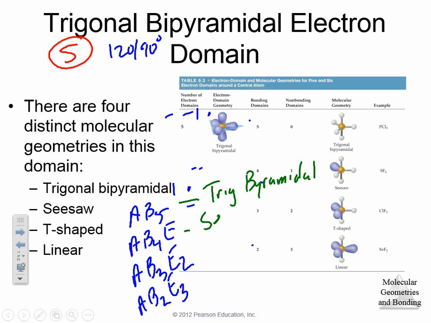AB4E is a seesaw geometry. AB3E2 is a T-shape geometry, and AB2E3 is a linear geometry. So those are your geometries for your 5th domain.